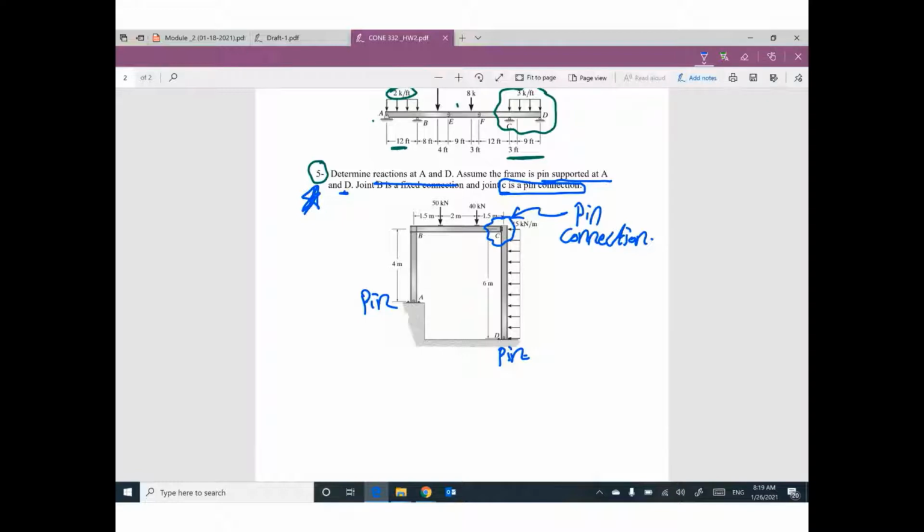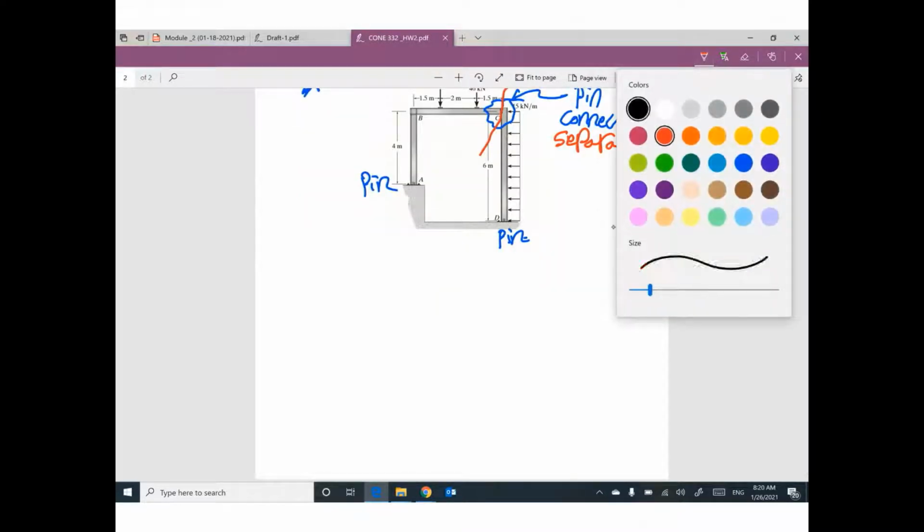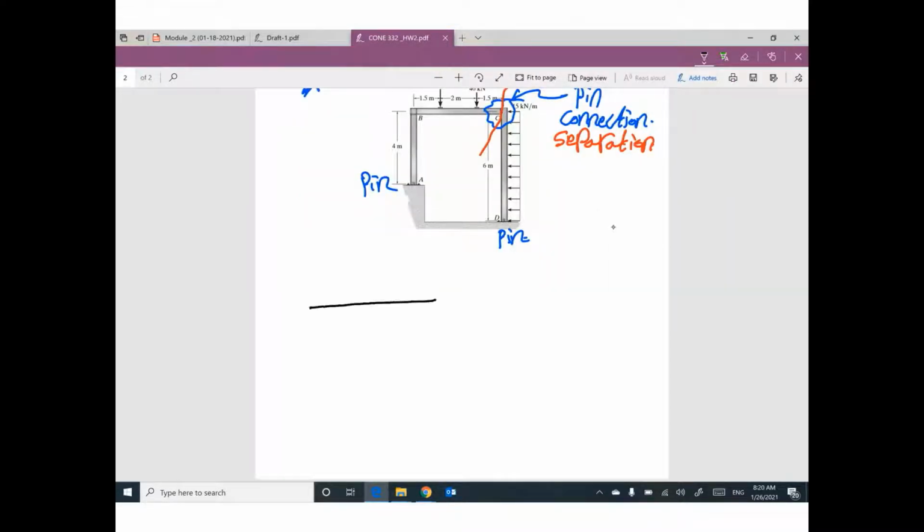What is the meaning of pin connection? I have to do separation. So I will do separation here. What else? Nothing else. That means this frame will be separated to 2 parts. The first part, this one.